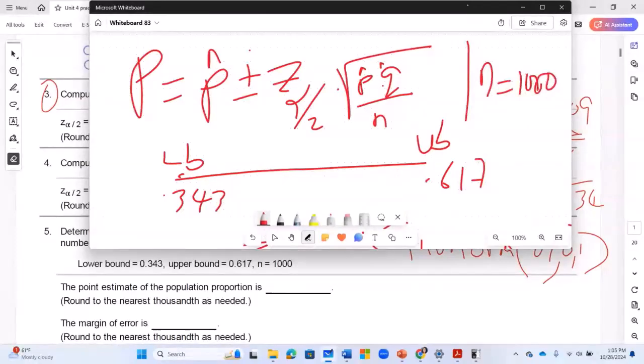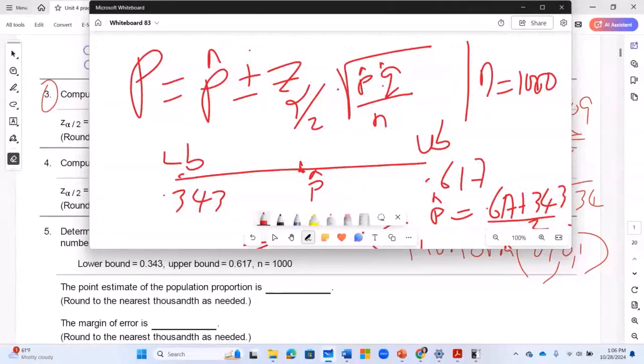And the center here is p hat, the point estimate. So I can quickly find p hat: it is the upper bound 0.617 plus the lower bound 0.343, divided by 2.